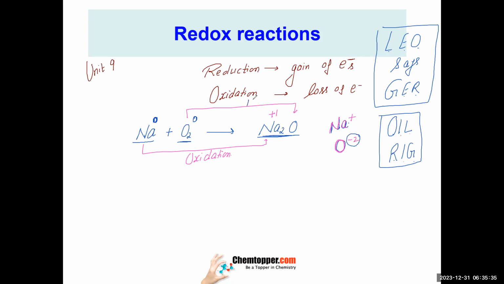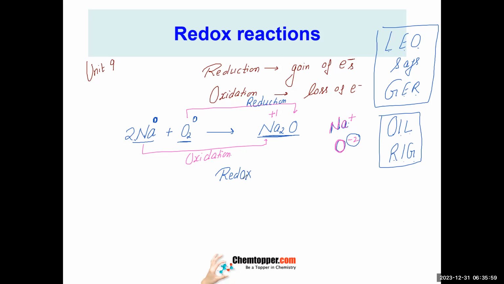So can I say it's reduction? Now one is losing, the other one is gaining. So we can call this reaction a redox reaction. So this reaction is redox: reduction, oxidation.